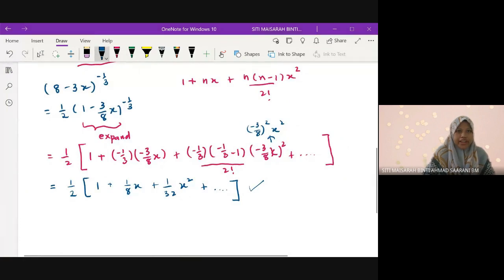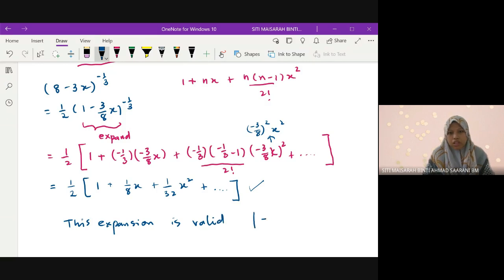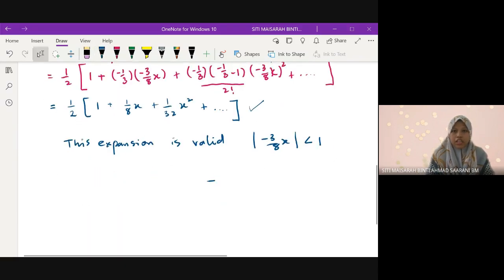Okay, so jadi untuk range of x, dia akan jadi, this expression is valid absolute negative 3x over 8 less than 1. So then kalau ikutkan, this actually negative 3x over 8 is in between negative 1 to 1. So then ni dia akan jadi negative 3x more than negative 8 less than 8.